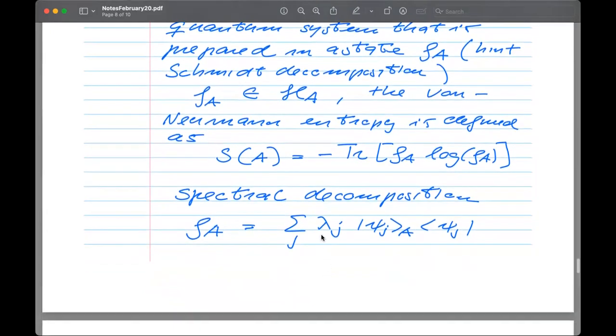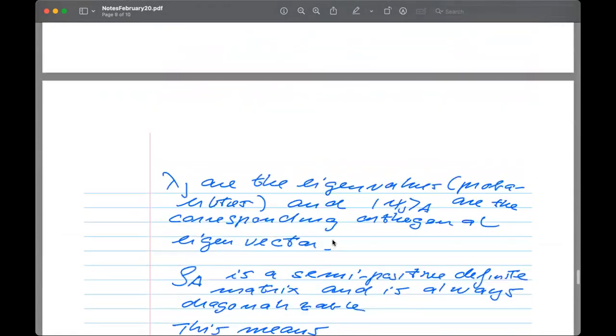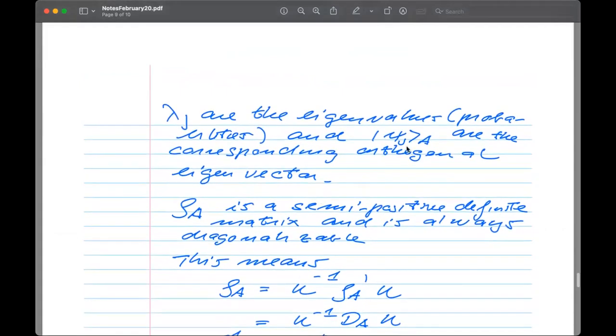And these lambda j play the same role as probabilities, as we have discussed before. The lambda j's are the eigenvalues, or the probabilities. And the states which you see here are the corresponding orthogonal eigenvectors.